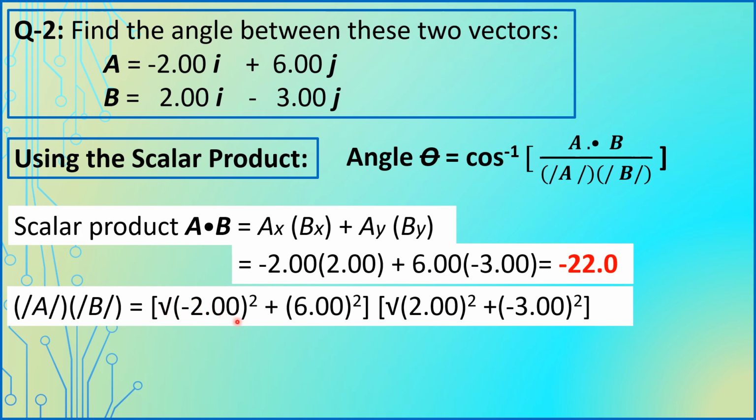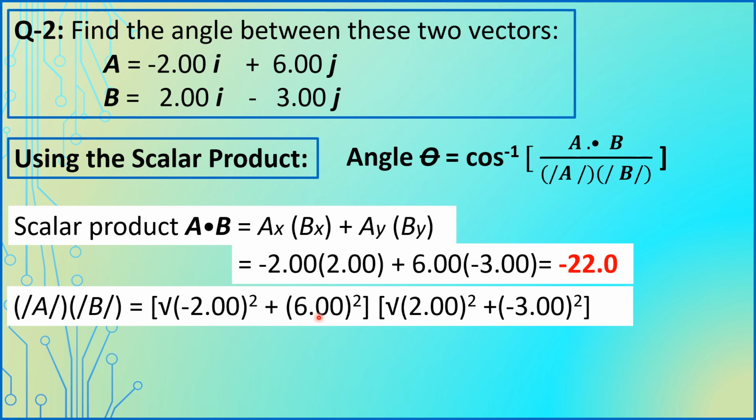The x component, of course, is negative 2.00. Then that will be squared. Now for the y component, of course, you have positive 6.00. That will be squared.